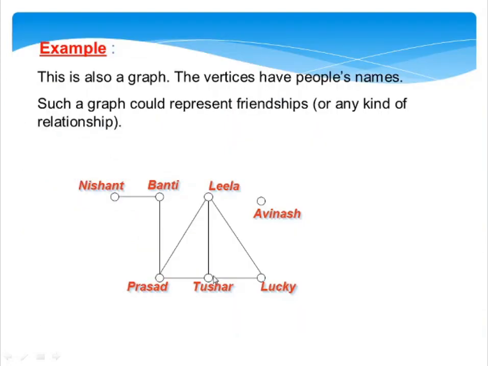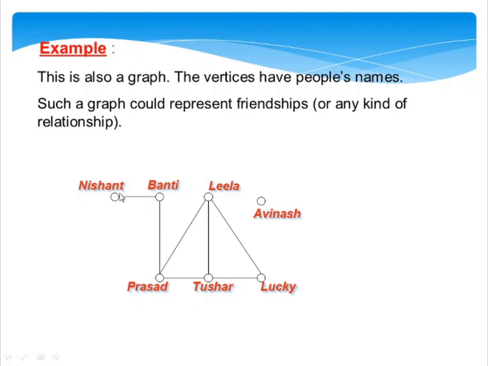So let's move forward. Again, this is another example. This is also a graph because it has some vertices and edges. These vertices are renamed as some people's names. Such a graph can be represented as a friendship, or any kind of relationship.